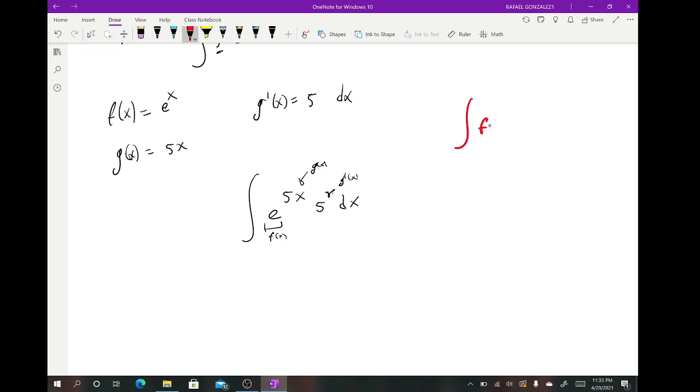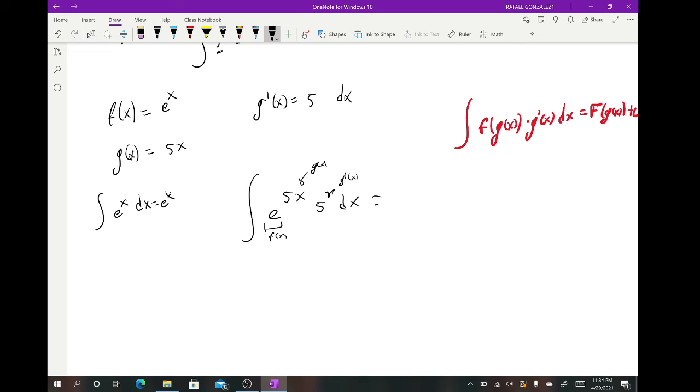So we have, if you're given f of g of x times g prime of x dx, this is equal to the antiderivative evaluated at g plus c. Okay, so what is the antiderivative of f? So I have to find out what the antiderivative of e to the x dx is. But we know from way before that this is equal to simply e to the x. Okay, so what do I have?